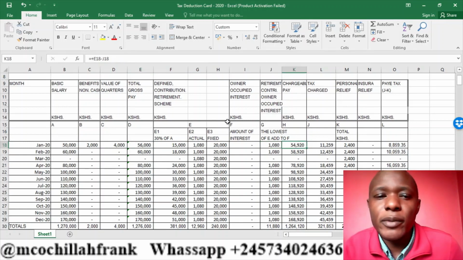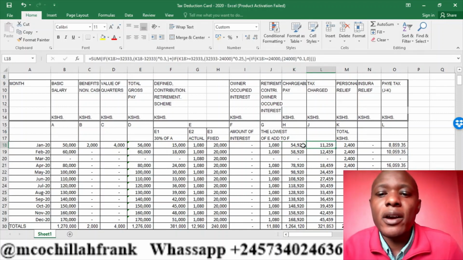It is formulated there, and you can see it is cell E18 less cell J18. As you can see, this is just a difference of that and that to give us that. Now this is what we can tax. This is what is chargeable pay. It is the taxable amount.